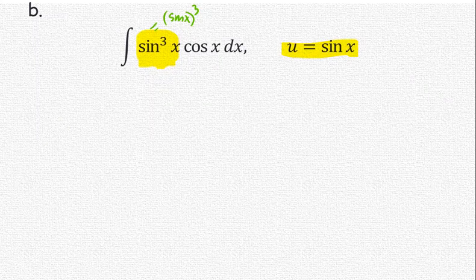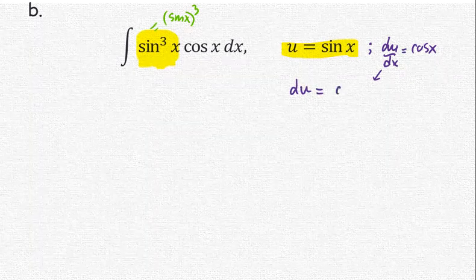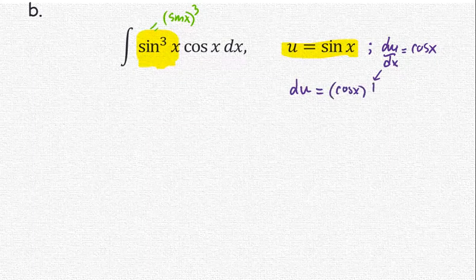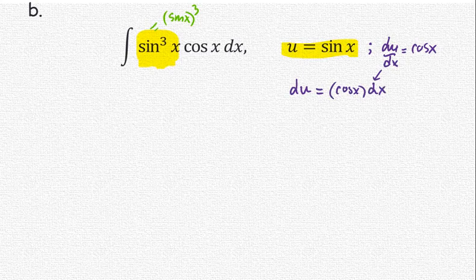From the first step, we're going to find the differential u. If you are not sure, just start with du dx, which is the derivative. du dx is the derivative of sine x, which is cosine x. Then use the derivative notation to find the differential du, which is the derivative multiplied by dx.